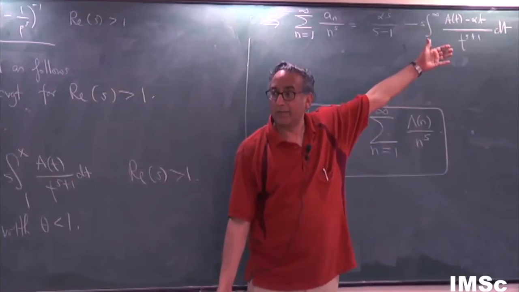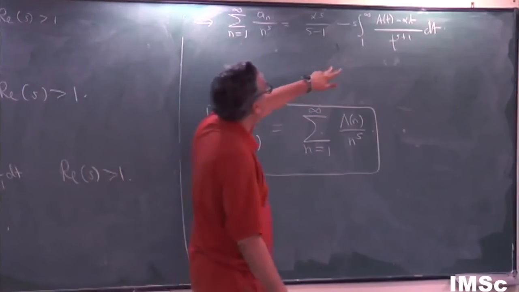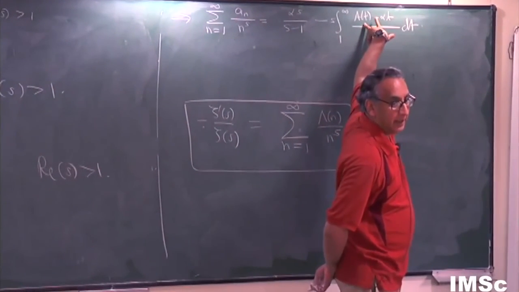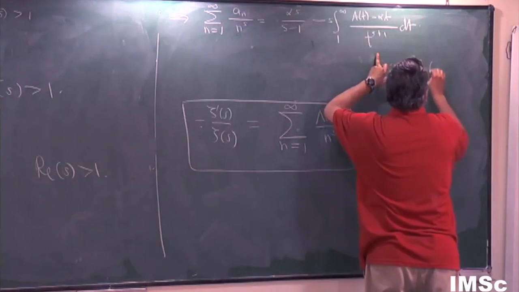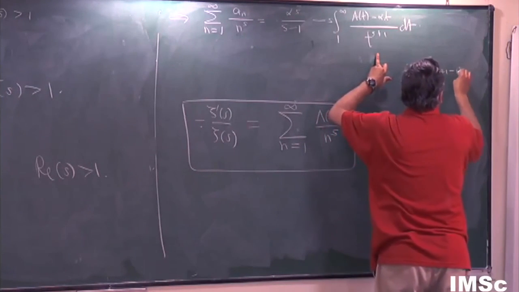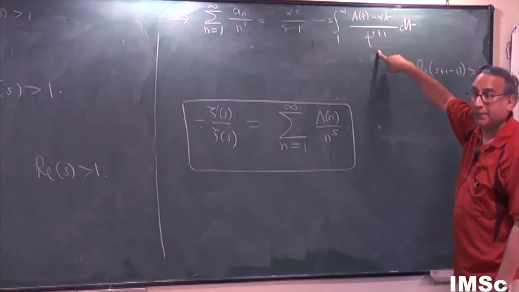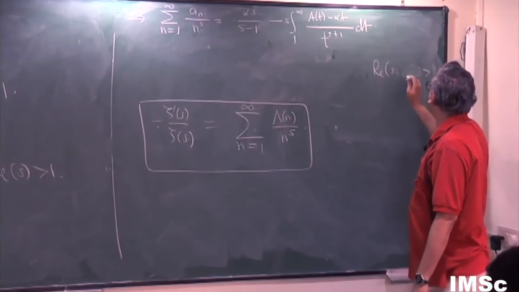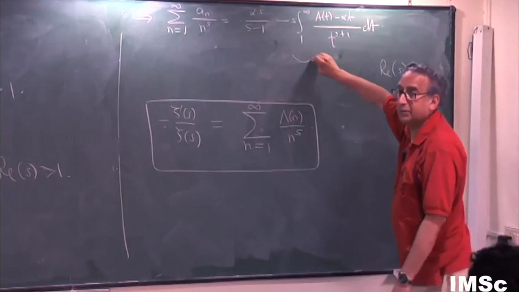Okay? If you have done this in generality like so, what happens is now this factor here is O of t to the theta, and so as long as real part of s plus 1 minus theta is bigger than 1, this converges absolutely. In other words, if real part of s is actually bigger than theta, this converges absolutely.